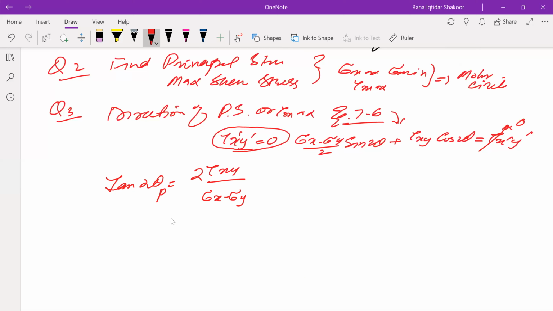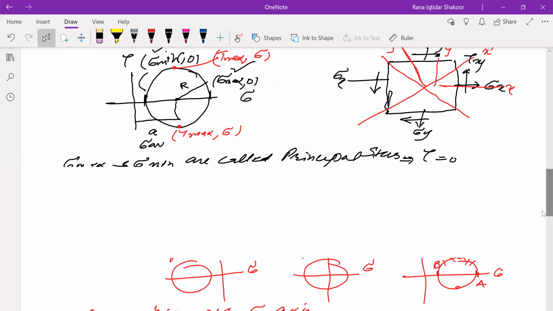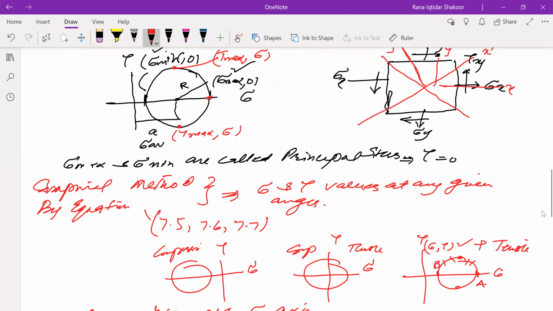Now, when we switch to the shear stress angle, theta s, we know that if we go upward from the principal normal stress, this is your sigma max value and this is your tau max value, and the total angle between them is 90 degrees.